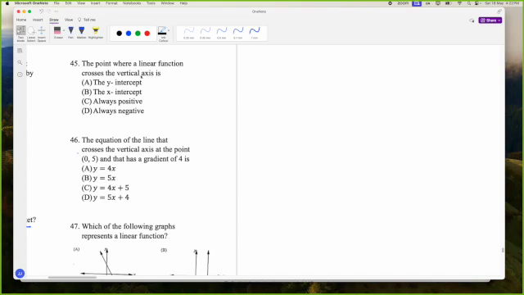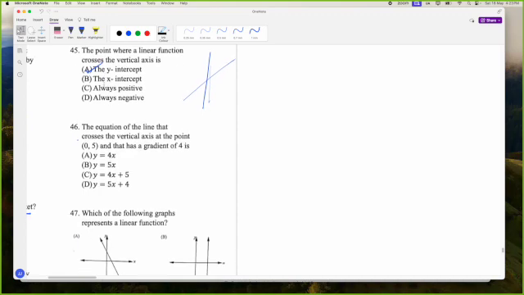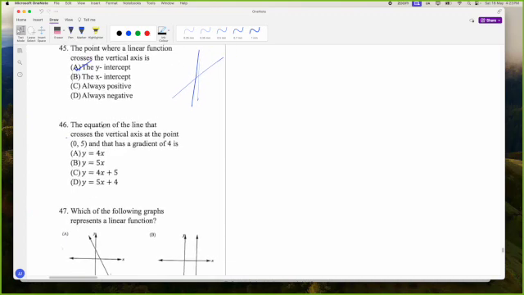The point where a linear function crosses the vertical axis. We got this exact question last class. It is the y-intercept, right? The equation of the line that crosses the vertical axis at the point 0,5 and has a gradient of 4, notice it's positive 4.